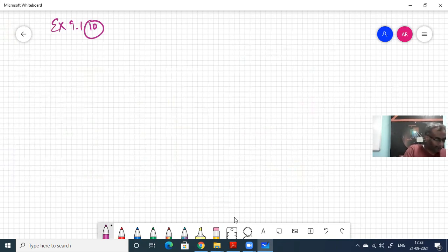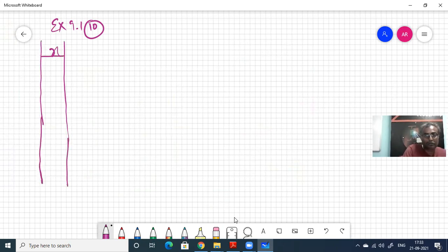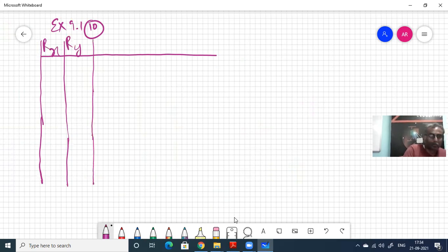Okay, 10. Rank of 10 students of batch. Oh, rank is given. So very simple. Rx, Ry already given. 1, 2, 3, 4, 5, 6, 7, 8, 9, 10. It's given like that.